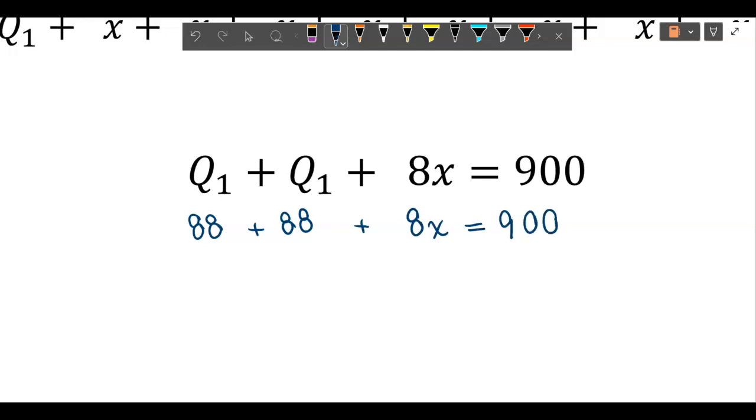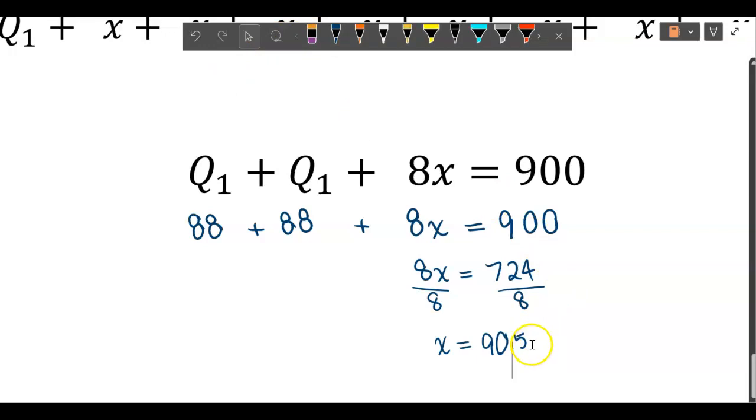If you take 900 and subtract 88 two times, you know that 8x is 724. So dividing by 8 on both sides, that means your new target is a 90.5. So for quarter two, quarter three, quarter four, you'd be aiming for a 90.5, as well as for your exam.